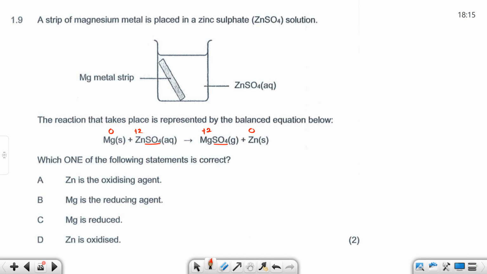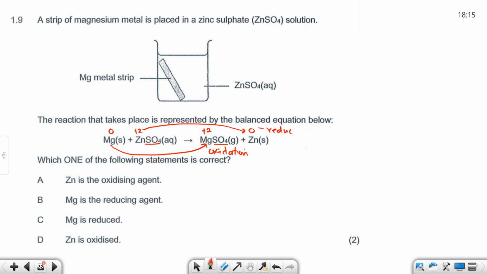So what is oxidation? The loss of electrons or the what? Increase in oxidation number. Okay, so please get your definitions. This one moved from 0 to positive 2. We call it oxidation because there is an increase. This one moved from positive 2 to 0.